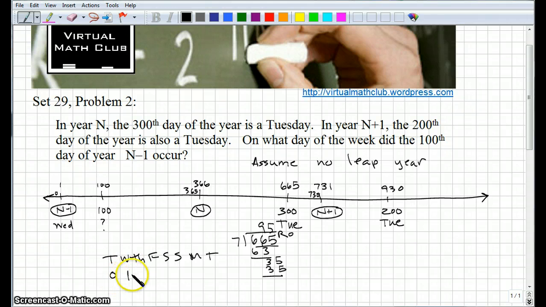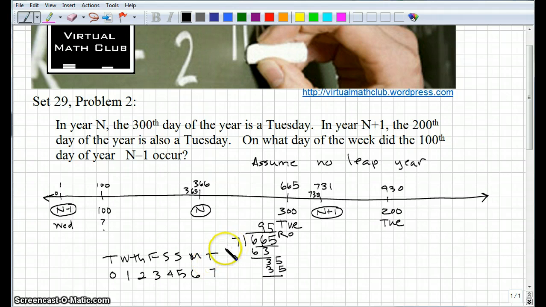Okay, so if we get a remainder of 1, it's a Wednesday, and Thursday would be a remainder of 2, Friday would be a remainder of 3, 4, 5, 6, and 7. Although if we get a remainder of 7, and we're dividing by 7, then that's really a remainder of 0 again, right? So we can look at the remainders and tell what day of the week it is, okay?